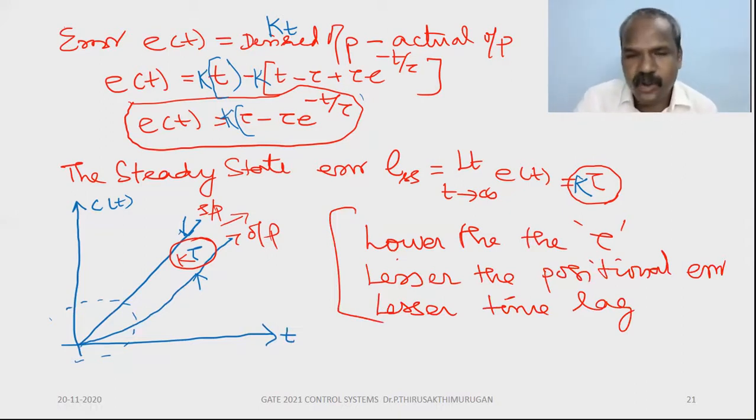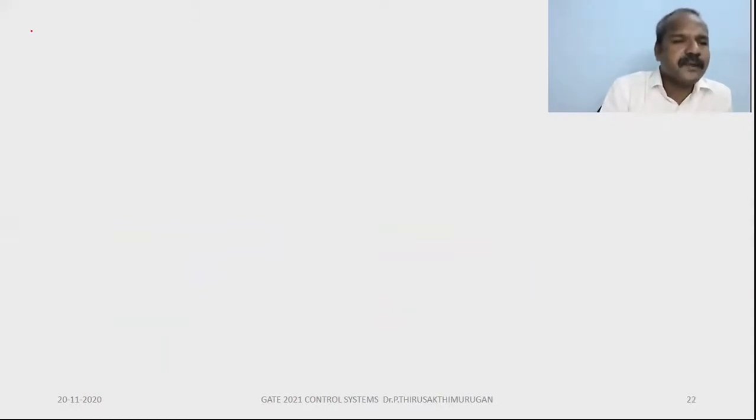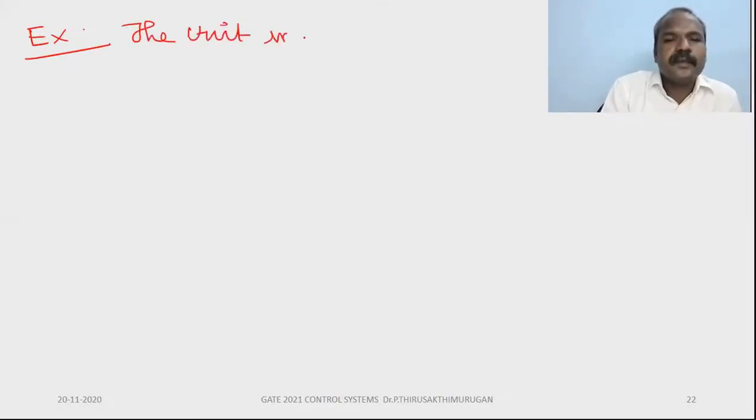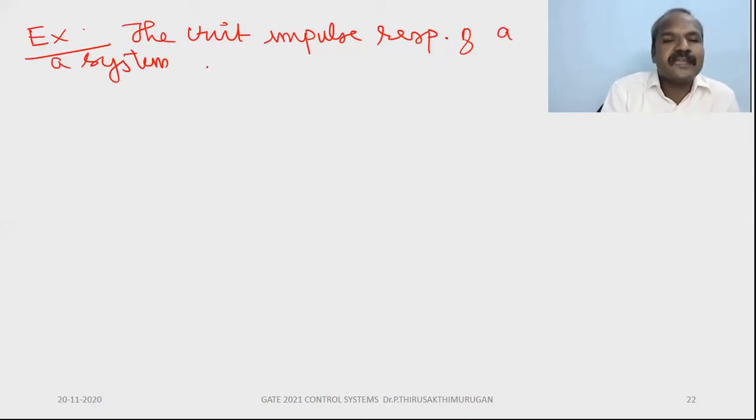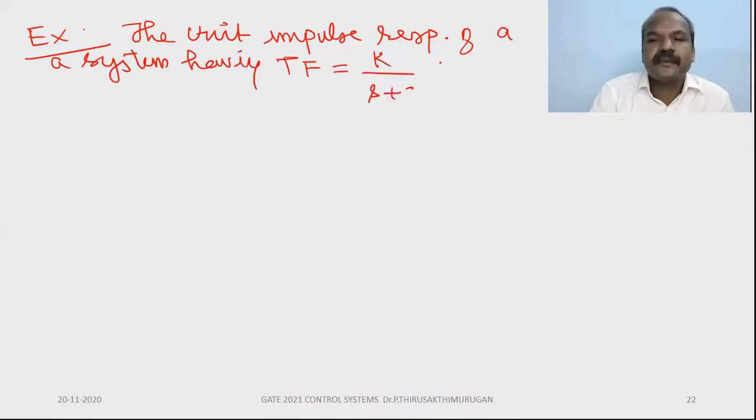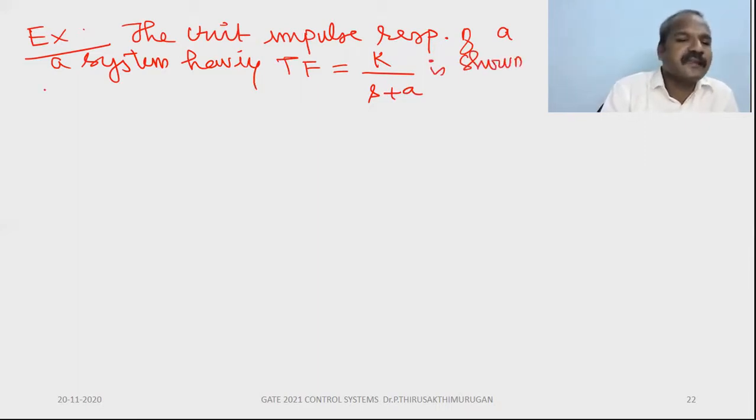Let us see some small problems. Example: the unit impulse response of a system having transfer function k by s plus a is shown in the figure.